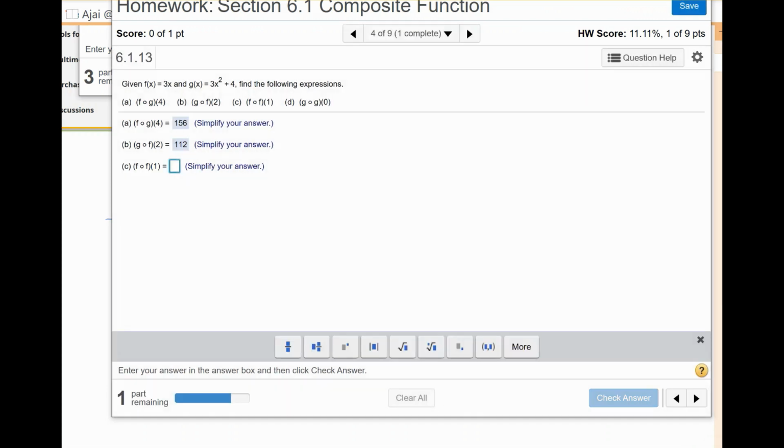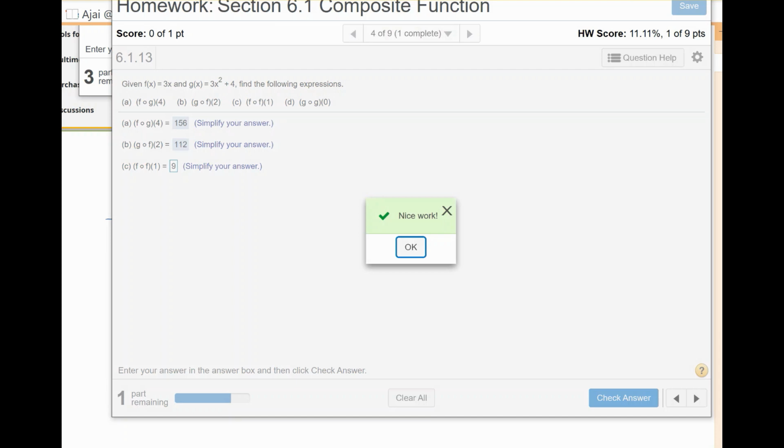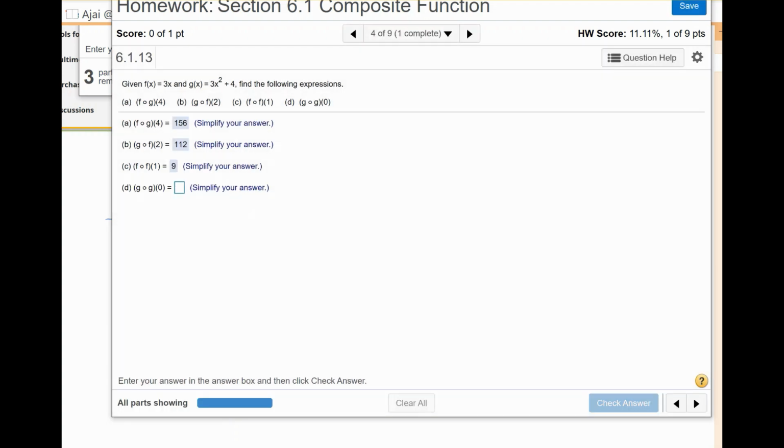And then you do the same thing with the g function. I'll do g of g of 0, because I'm curious how that one works out too.